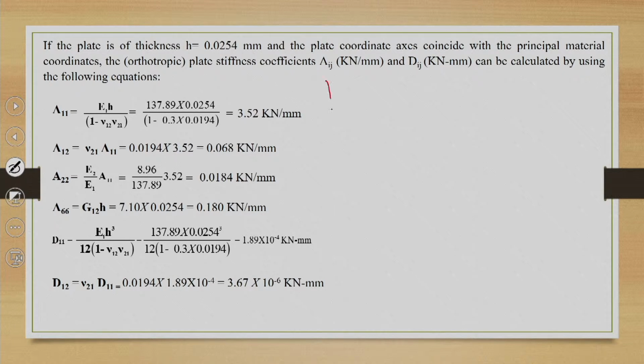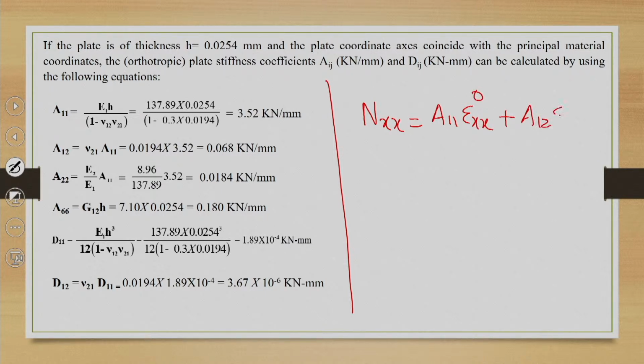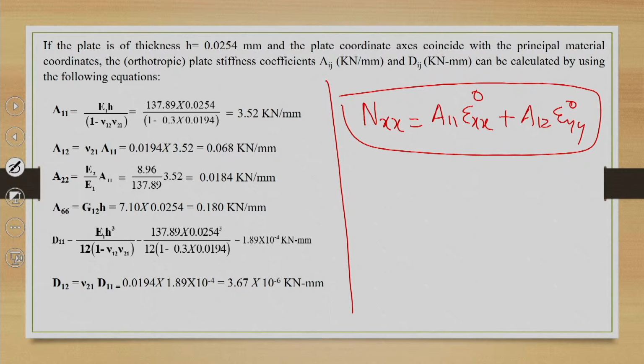If you remember exactly, there I have said N xx is A11 of epsilon xx naught plus A12 of epsilon yy naught. That is the plate constitutive relations. So, for that we know how to evaluate A11, A12.